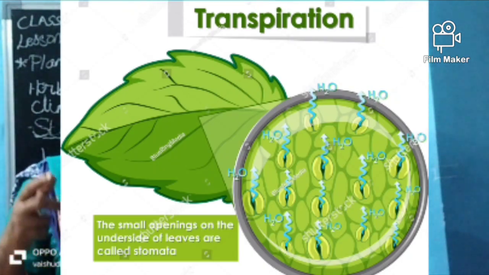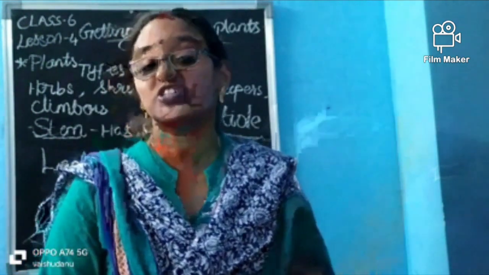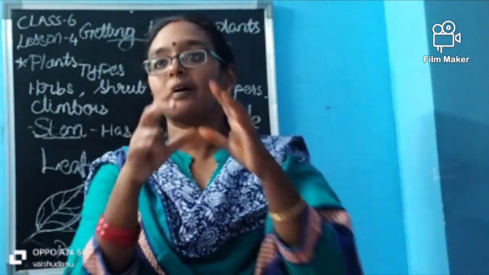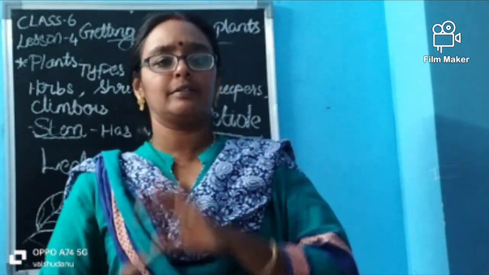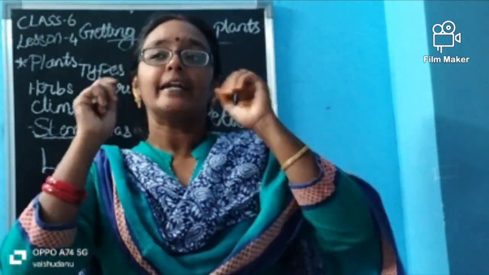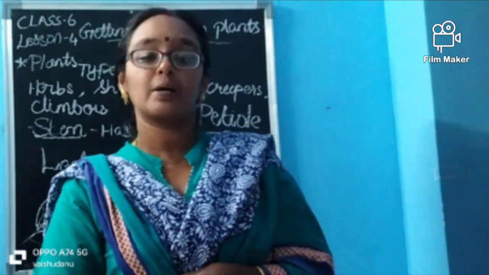For knowing it, you can't see it, no? So how can we understand whether transpiration is happening in the plant? It can be done by an experiment. Take a plant or a tree itself. A small branch, you have to take a plastic cover and wrap it and close it for some days. 2 or 3 days you can do like that.